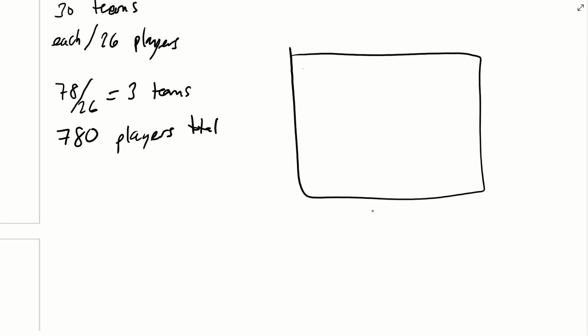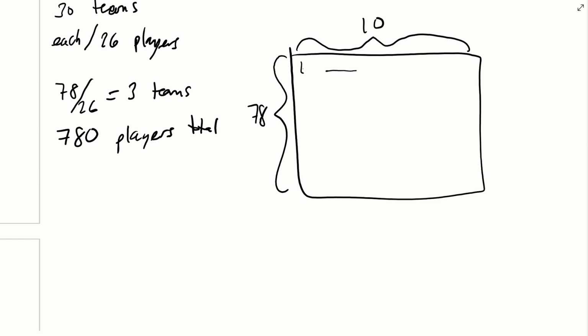So for example, let's say there are 78 rows, each with 10 players. Then in this case, it's going to be from 1 to 10, and then from 11 to 20, whatever.